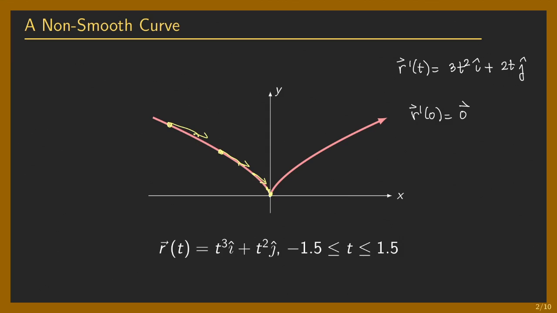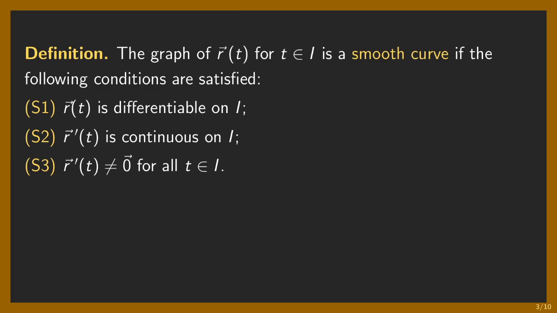And then as t goes to the positive values, you see that the tangent lines get longer and longer again. So one way to describe the situation where there is a sharp turn is to say that the derivative at that point is 0. This is why we have the following definition.